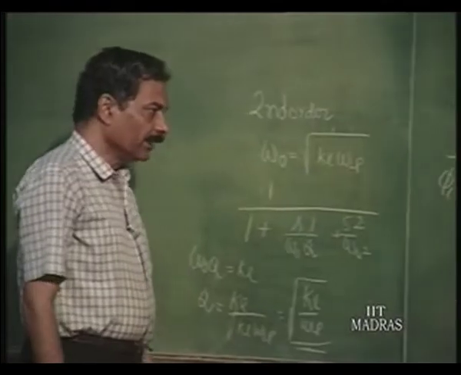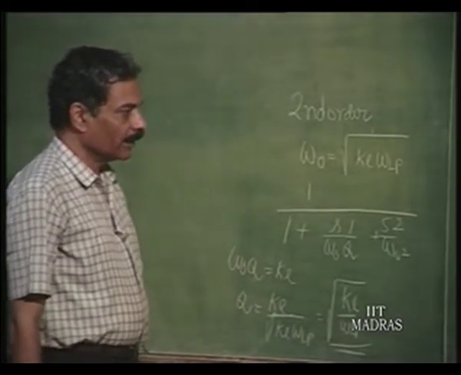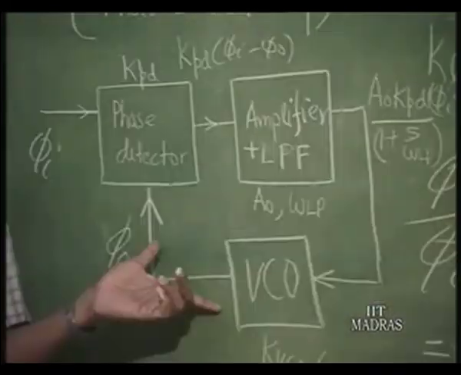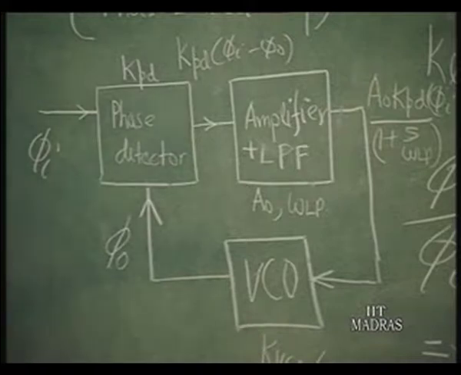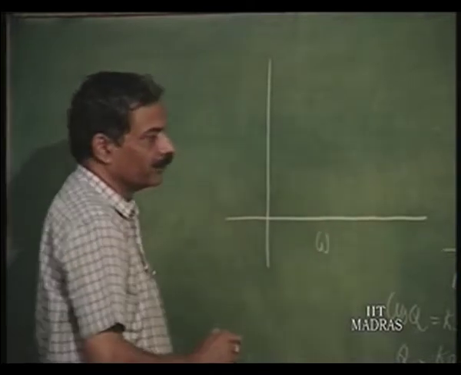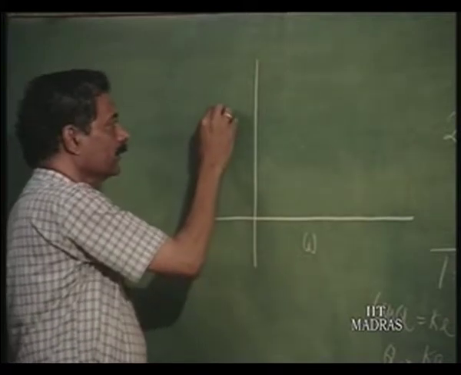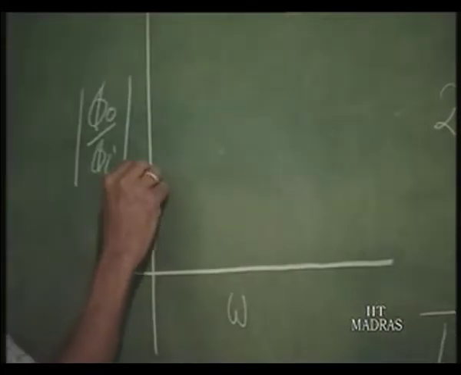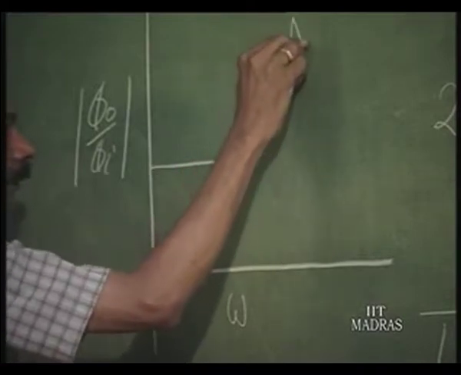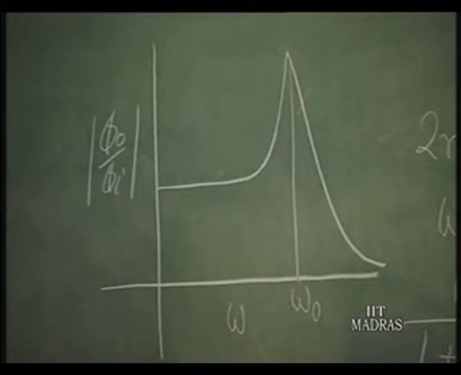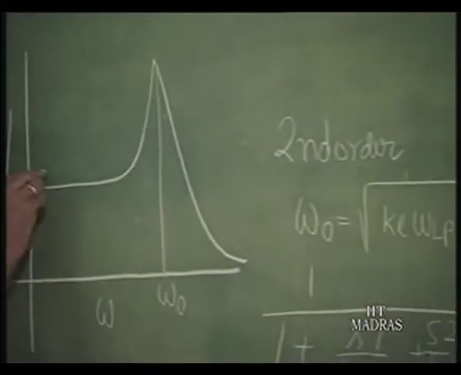So, this is something we have to be always aware of in a phase lock loop: since it is a basic second order system with high pole Q, we will not put anything that will further increase the phase shift within it. Now, if you obtain its response as a function of omega, either phi naught by phi I magnitude, where this is the natural frequency of the system, which is nothing but root of KL omega LP, and this is 1.